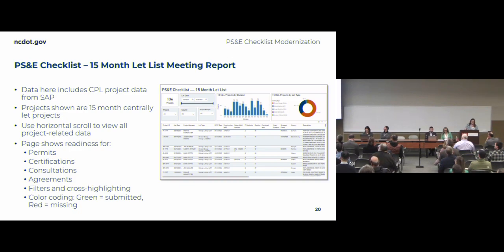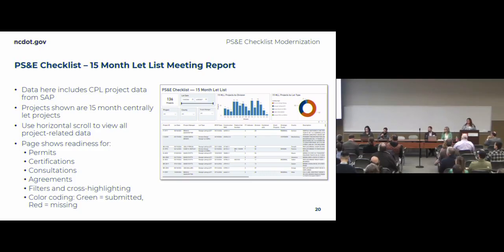Permits, and I worked in EAU till like 2 weeks ago, I guess it is now. And so permits are notorious for coming in at last minute because of the agency review time. Certifications, consultations, any of the agreements, those are highlighted on the left-hand side, then they're color-coded.